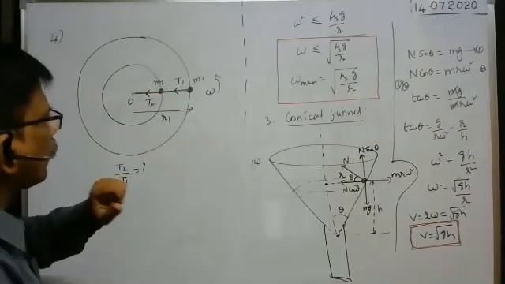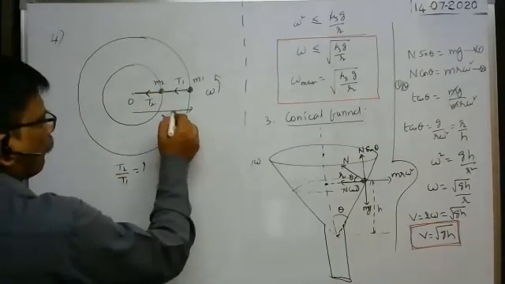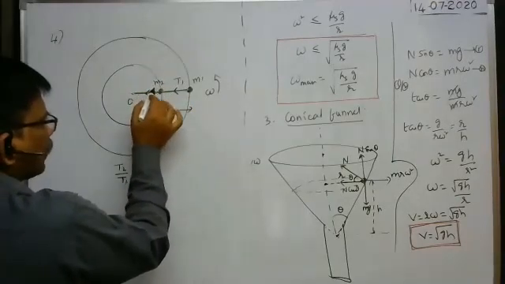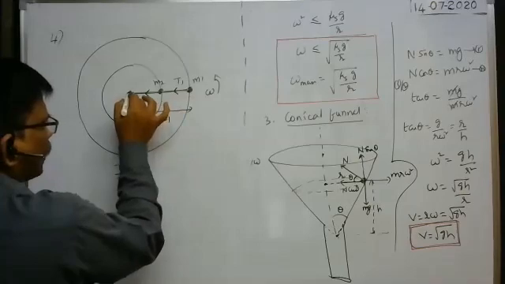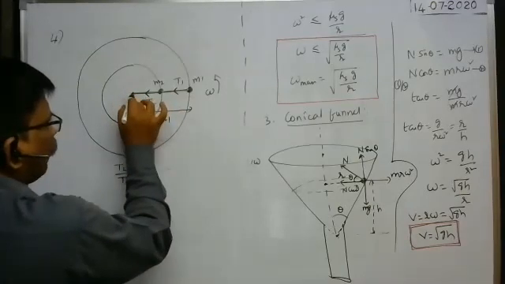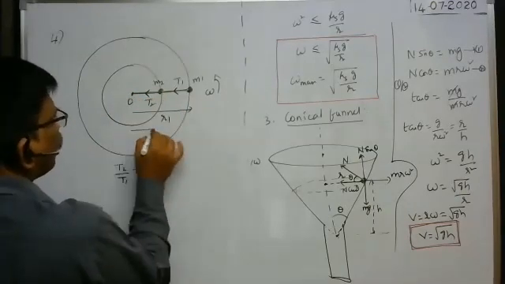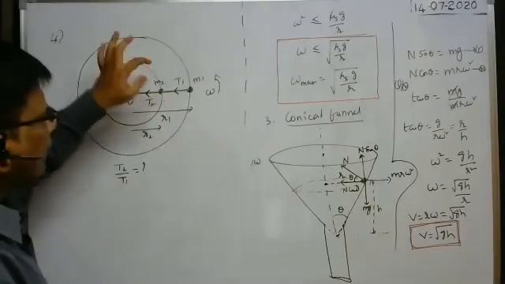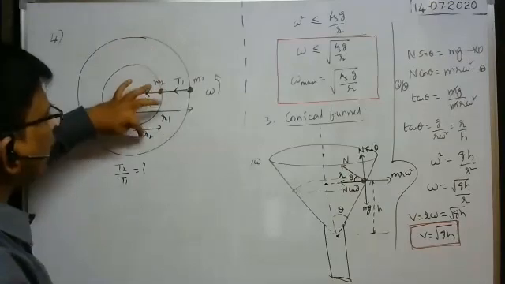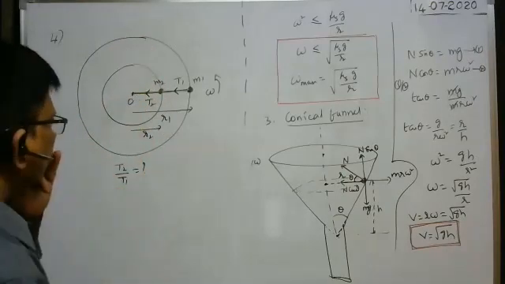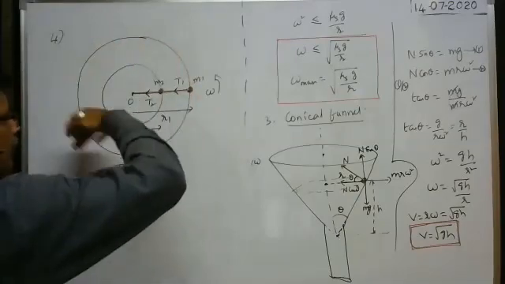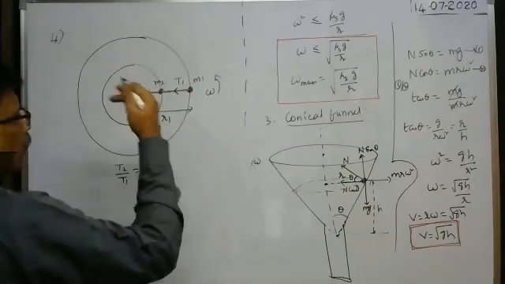That is R1, suppose equal to L. As the second body is also making rotations, the distance of the second body from the axis of rotation, the fixed point about which the two bodies rotate, is say R2. Suppose R1 is equal to L, and if it is exactly the midpoint, then R2 is equal to L by 2. Now the two bodies make rotations in circular paths in a horizontal plane.